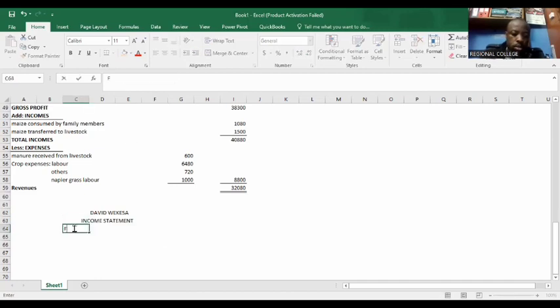For the year ended the last day of the trading period. The last day is 31st October 2019.